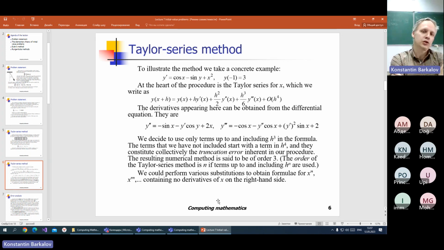Suppose that we decide to use only terms up to and including h to the power 3 in the formula. The terms that we have not included start with h to the power 4, then h to the power 5, h to the power 6, and they constitute collectively the so-called truncation error inherent in our procedure.